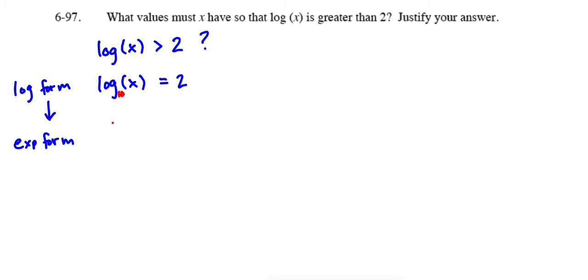So we'd actually have 10 to the second power would equal our value of x. In which case, when log of x equals 2, then the value of x has to be 100.